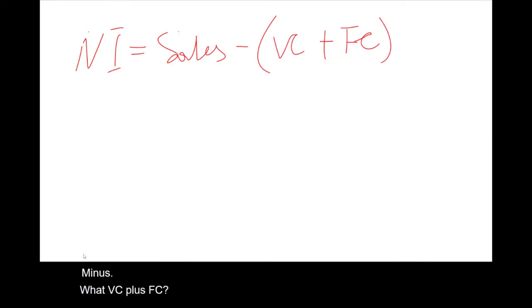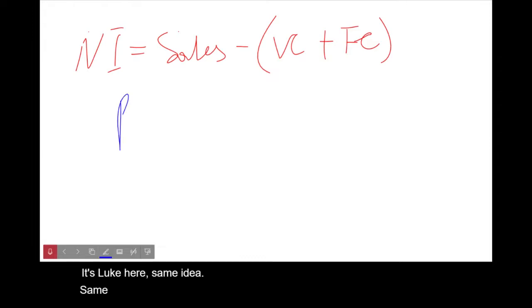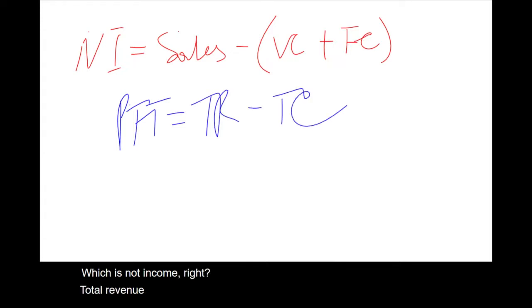Look here, same idea, profit, which is net income, right? Total revenue minus total cost, same thing. Okay, so they're the same.